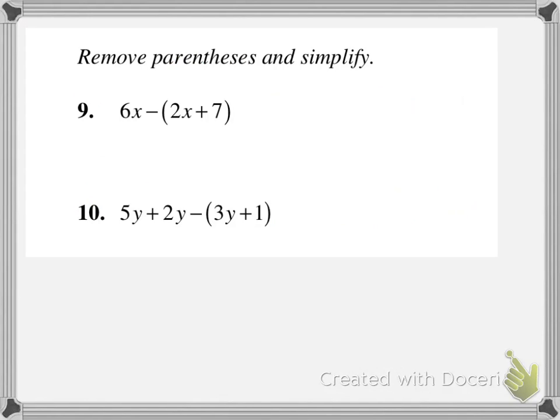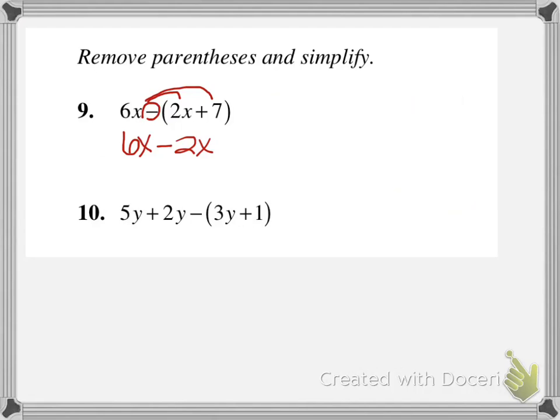Now what happens if we put a term in front of that negative sign? You still want to start the problem the same way we were doing the previous problems. You want to start off by adding the opposite. So that 6x is going to stay, but now instead of a 2x, we're going to have a negative 2x or a minus 2x.